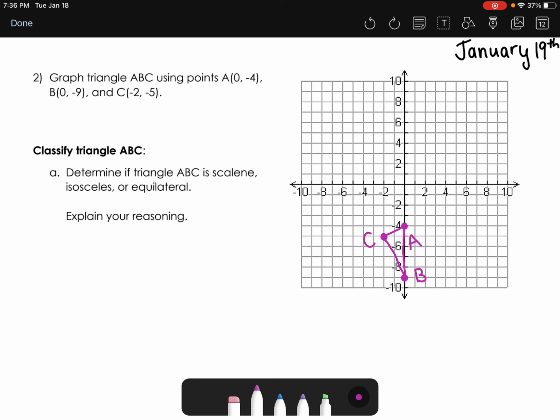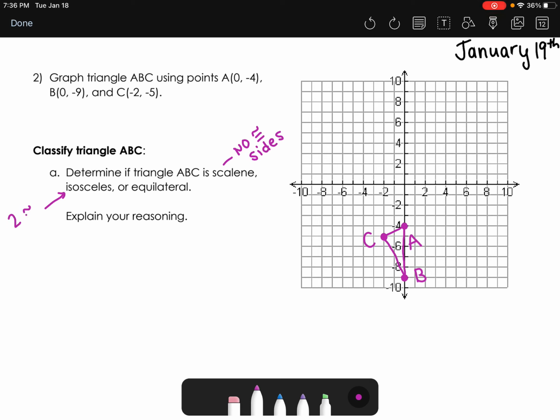Okay, so there's my triangle, and we have to determine if triangle ABC is either scalene, and remember scalene means no congruent sides, so that means nothing is the same. And then isosceles, right? Isosceles means that we have how many equal sides?